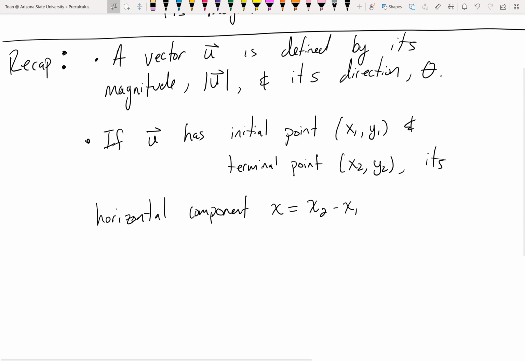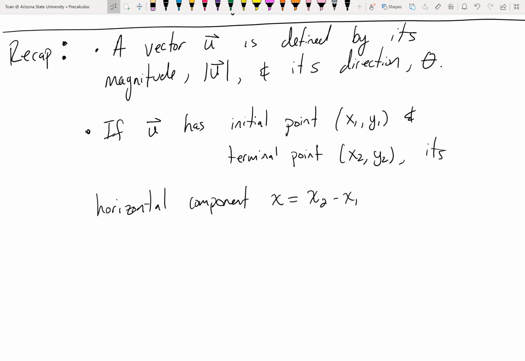It's the difference in the x's, but you always have to do terminal minus initial. And its vertical component, y, is going to be y sub 2 minus y sub 1. It's always the terminal minus the initial.